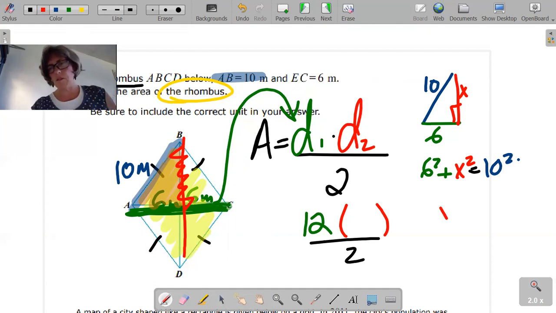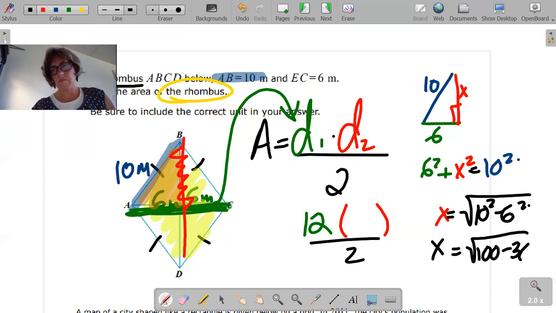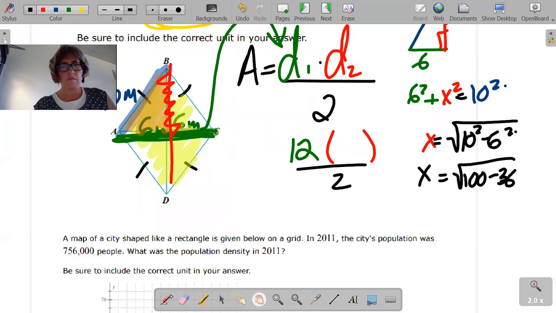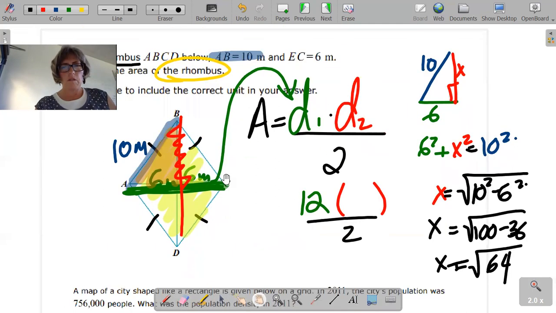In this case, your X is going to equal the square root of 10 squared minus 6 squared. So this piece is going to be 8.